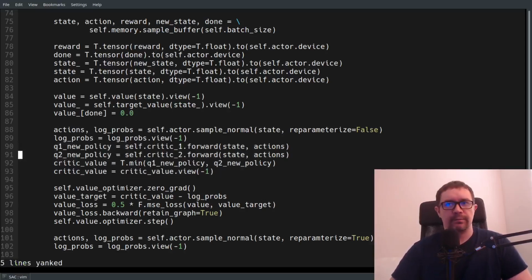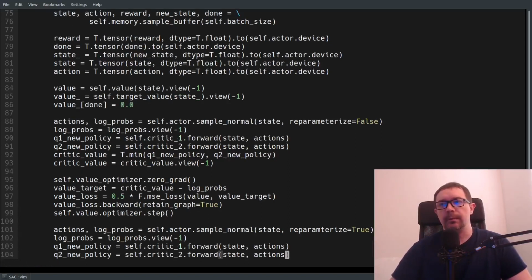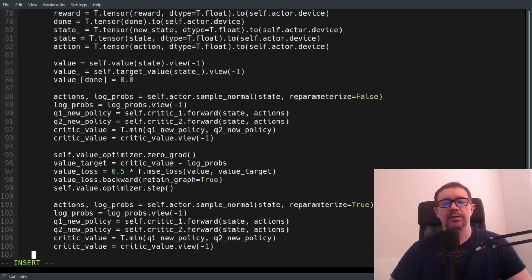Now, if you wanted to be a good little data scientist, you would stick this in a separate inner function, but I included all of the code here twice just for clarity.